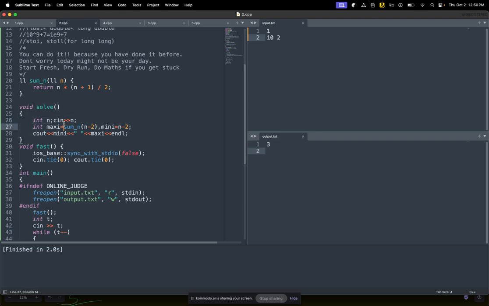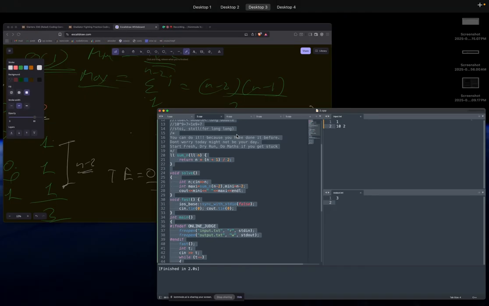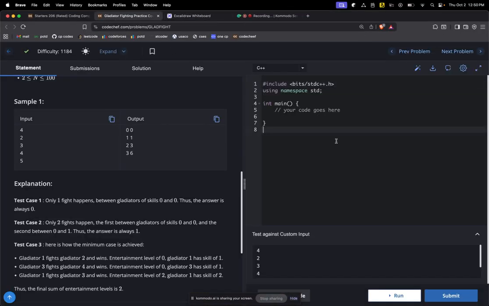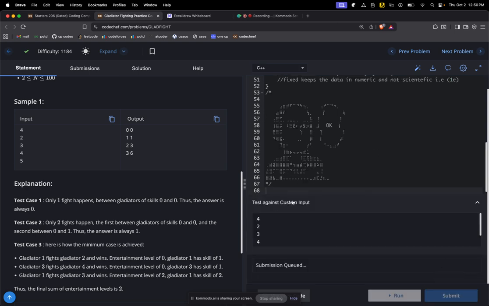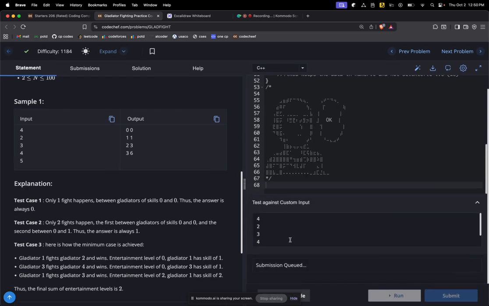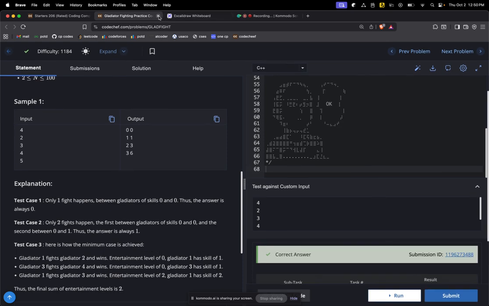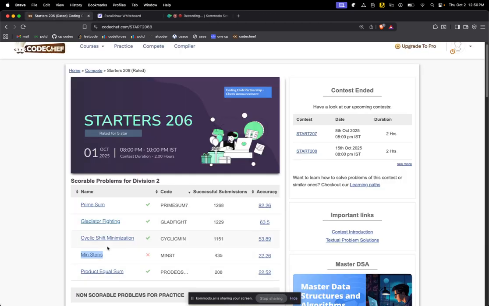I calculated the maximum, which, as I said, is just the sum till n minus 2, and the minimum would be n minus 2, and I just output it. I can show you that this works also. So yes, hopefully this makes sense. This works. Let's go to question number 3 now.